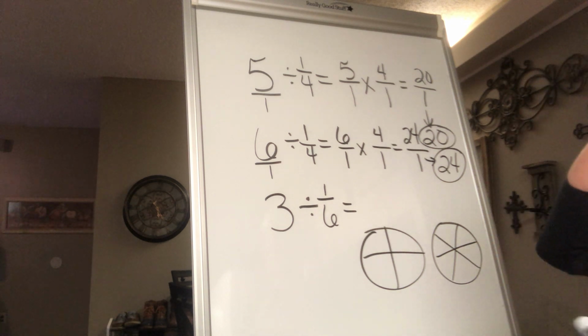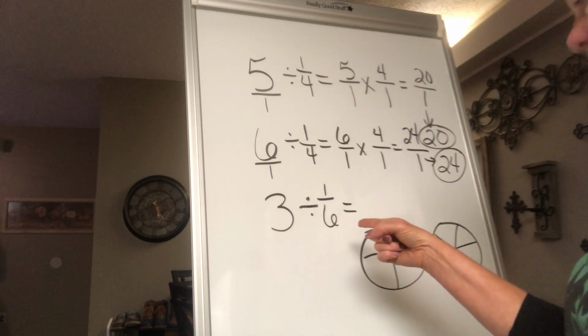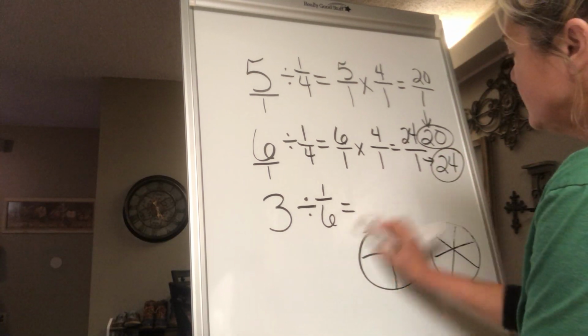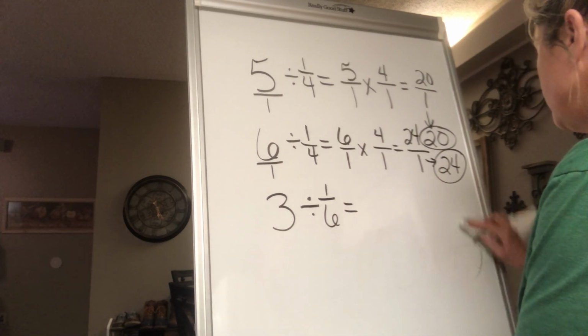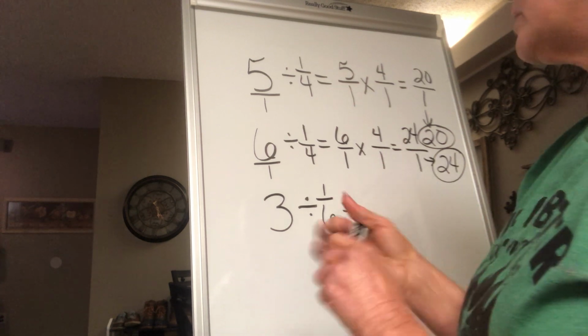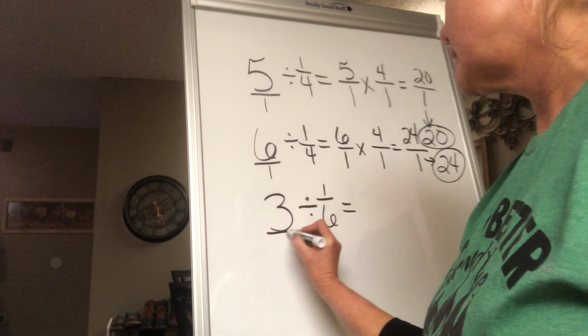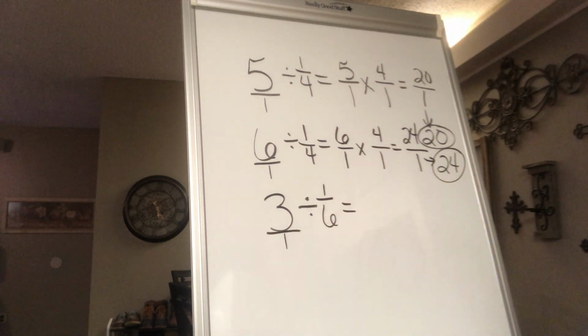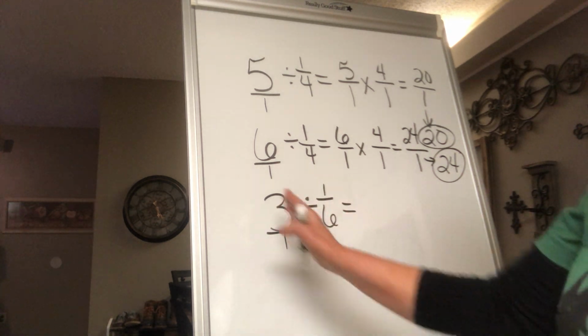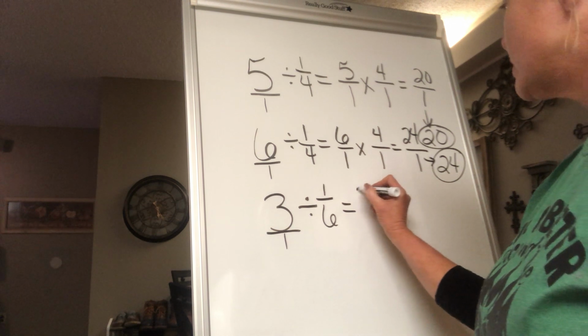So this should trigger me to thinking something about my number here. So let's think. If we have just 3 of them now, we still look at our whole number as a fraction by writing over 1. We still follow the rule. We're dividing fractions, so we slide the first one on over.